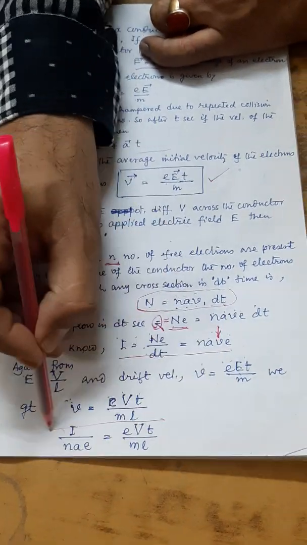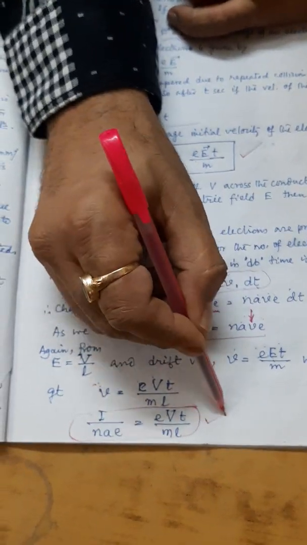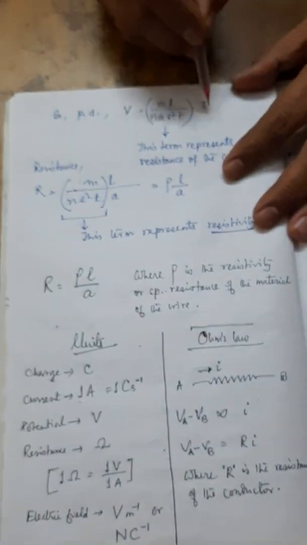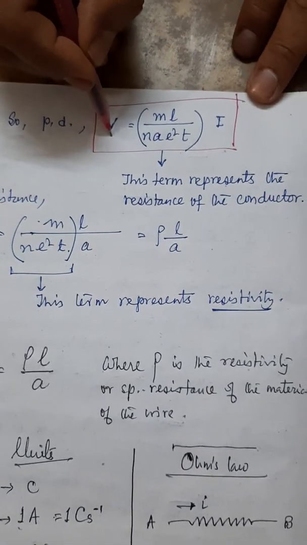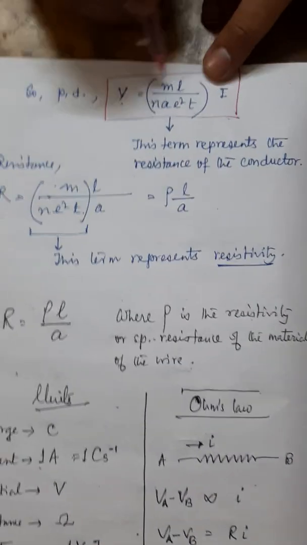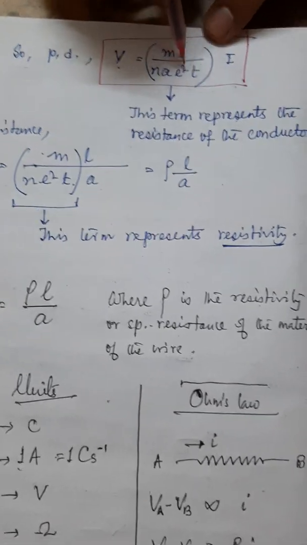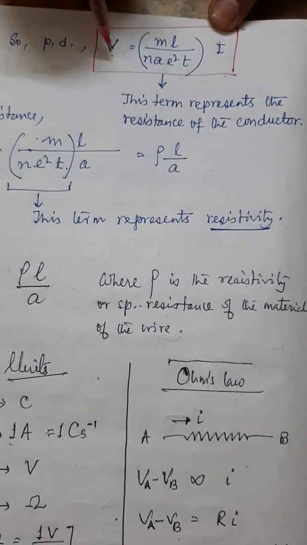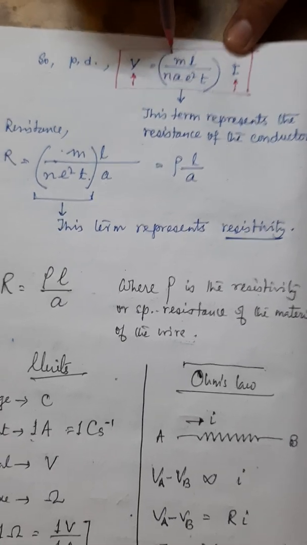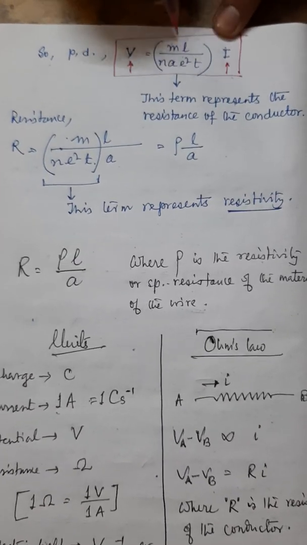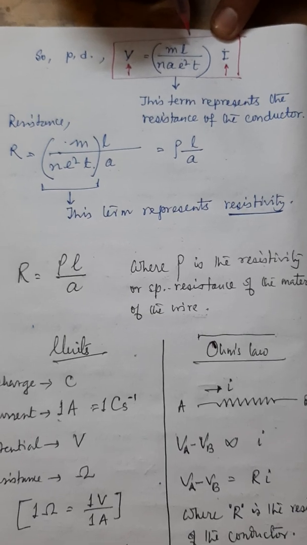This equation leads to a conclusion like this: V, the potential difference, is equal to mL by n A squared e squared t into I. This is the potential difference V, and this is the current I. So the term mL by n A e squared t represents the resistance of the conductor.